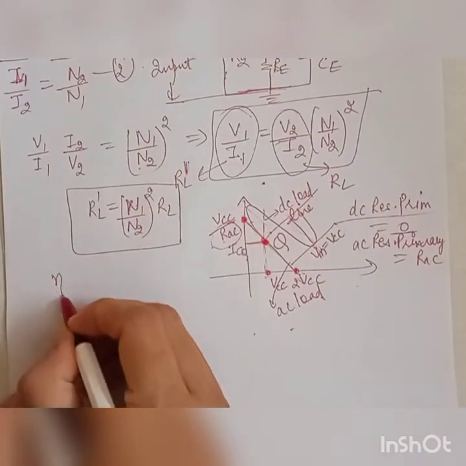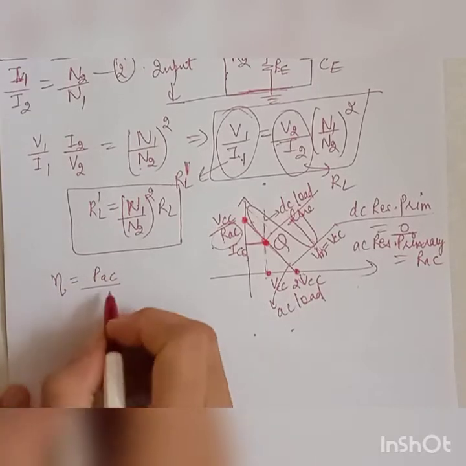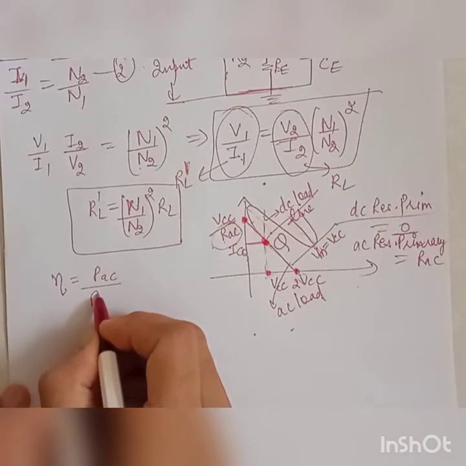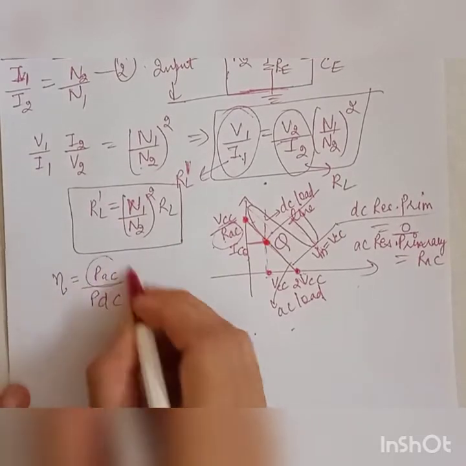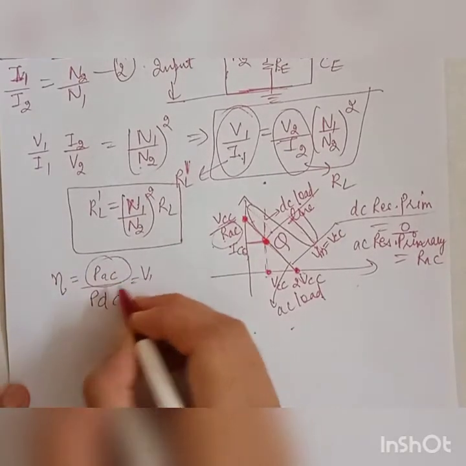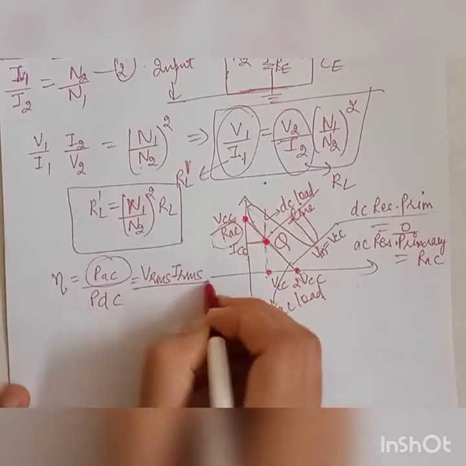So efficiency will be equal to the AC power delivered to the load, that is PAC, to the DC power supplied, PDC. PAC is nothing but VRMS into IRMS, divided by PDC.